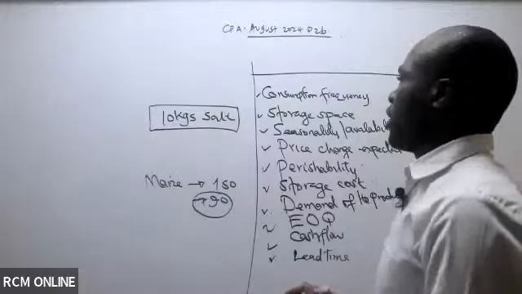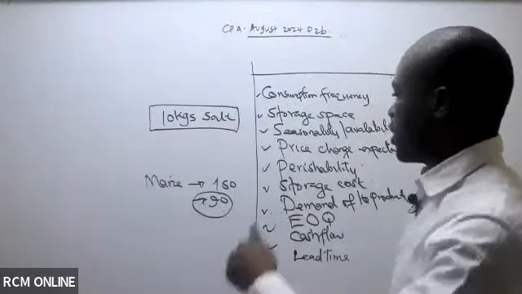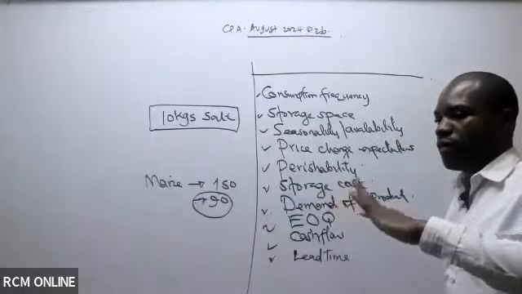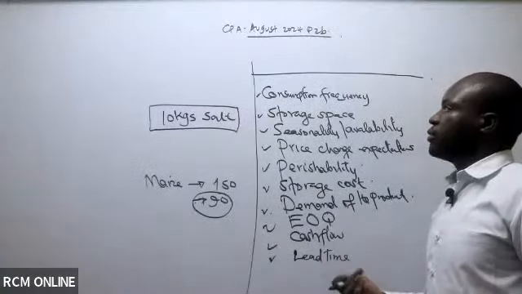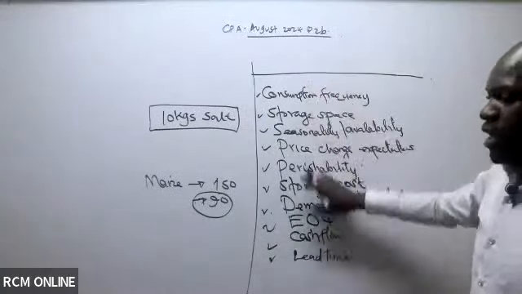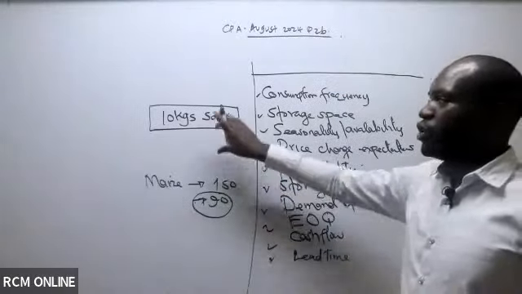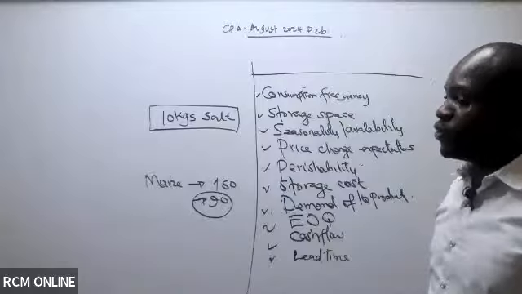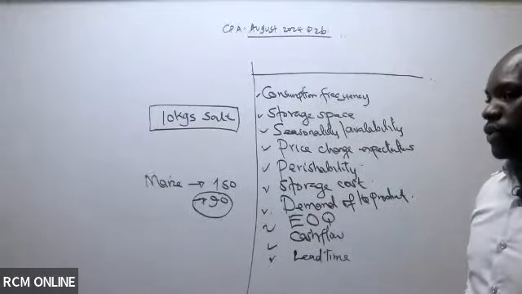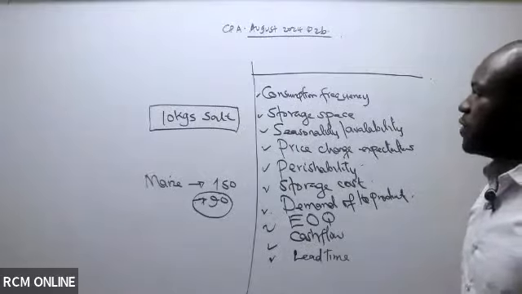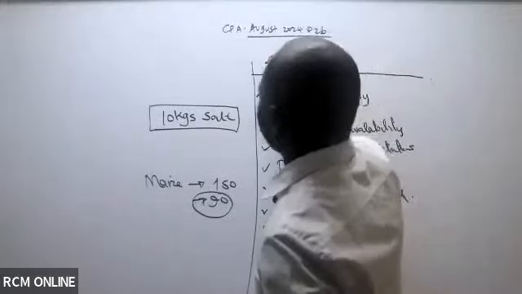Of course, there are those goods that you are required to have up to a given level. Now, what we have listed here has got nothing to do with the quantity of salt, nor with tomatoes, but it has got everything to do with factors.